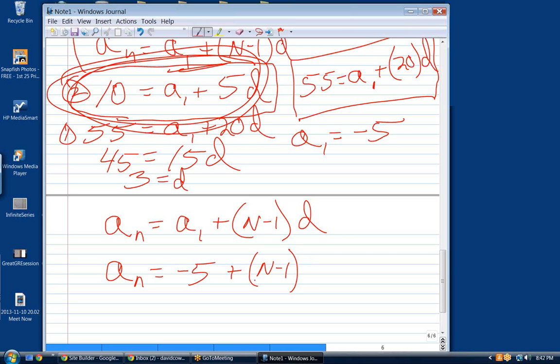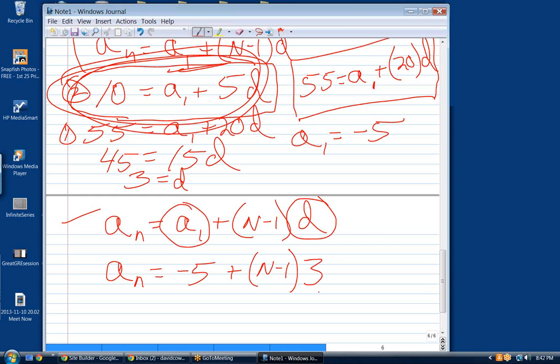In other words, when we give the general formula, what we usually have is that and that. So when we end up with a specific formula, we're going to end up with something like this, only we know d now is 3.